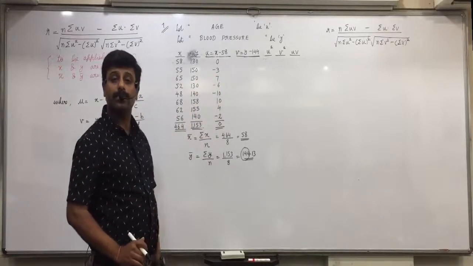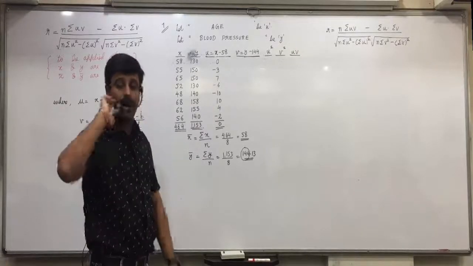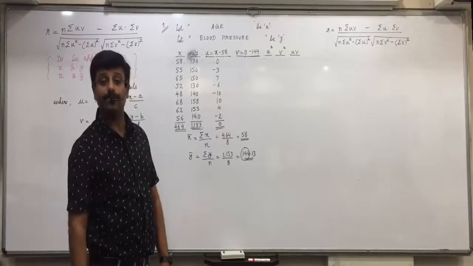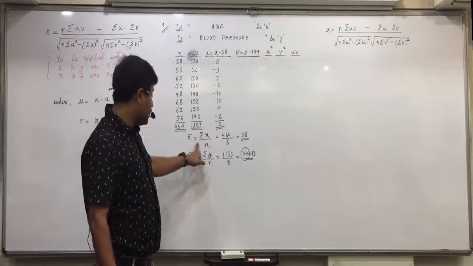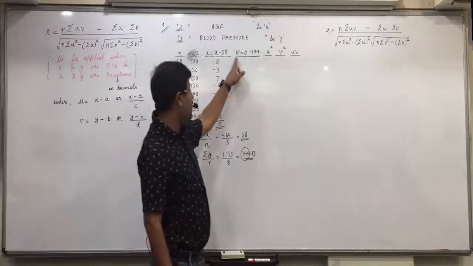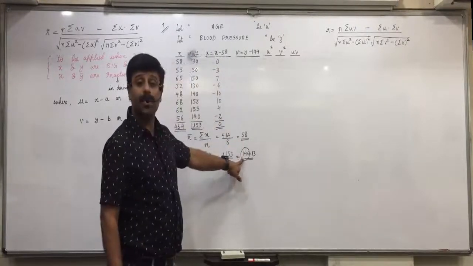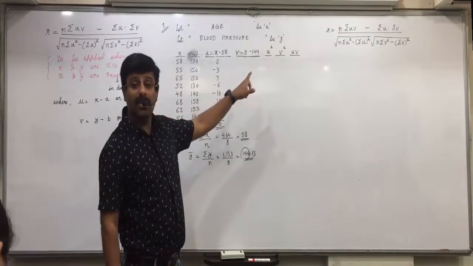And so on. Understood that? How did we get 58? It is X bar. And in V, we have taken 144. Now from all the values of Y, we have to subtract 144.